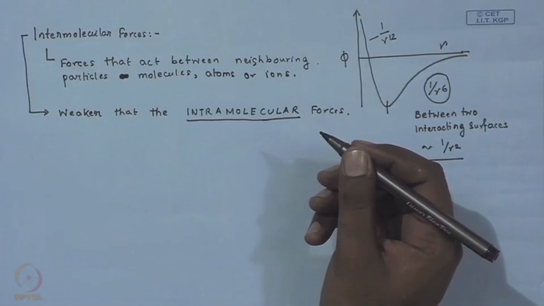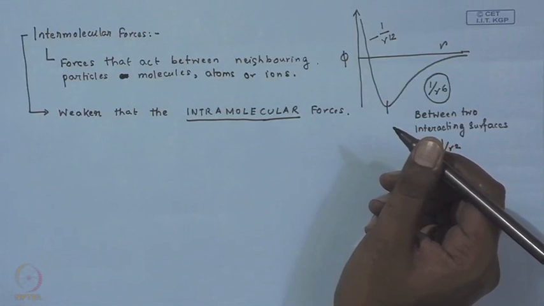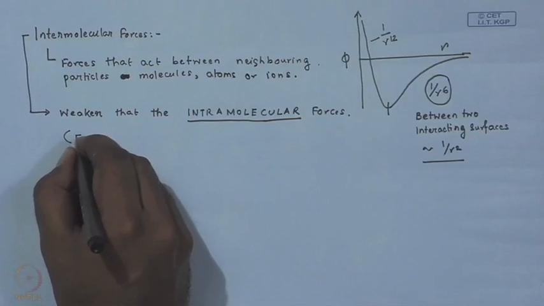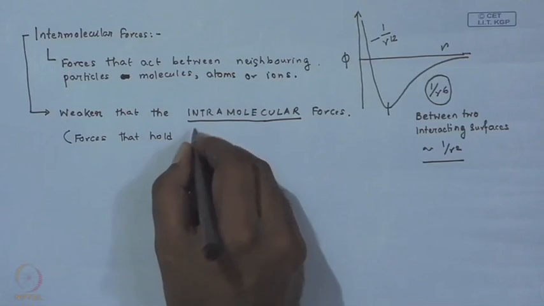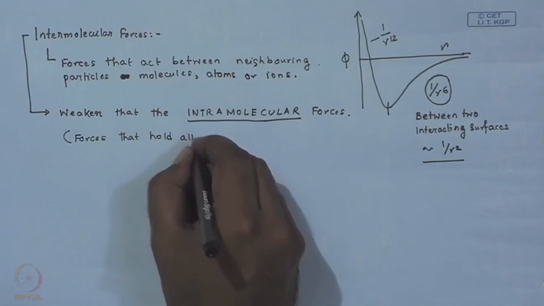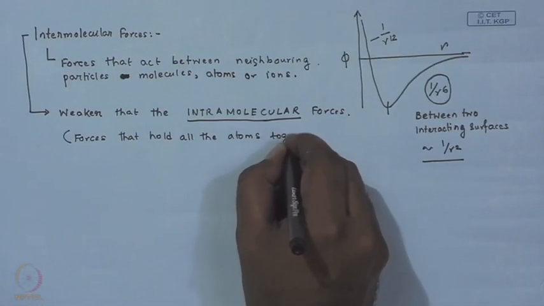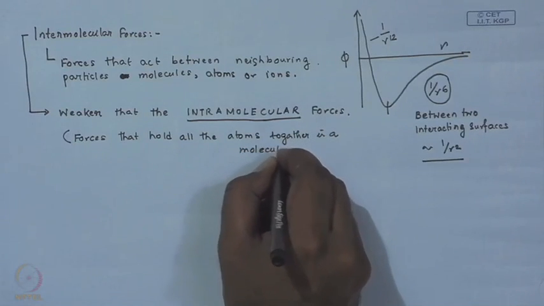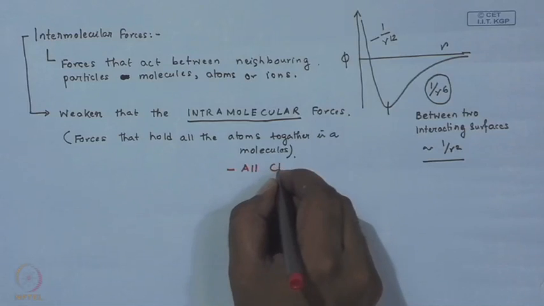I think you should be able to understand. Before I tell, there is another name by which you will immediately understand what they are. Intramolecular forces are forces that hold atoms together in a molecule, and therefore, no marks for guessing what it is, these cover all chemical bonds.